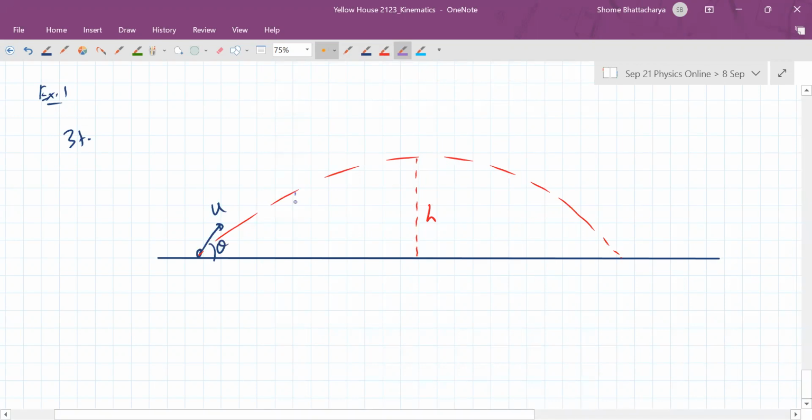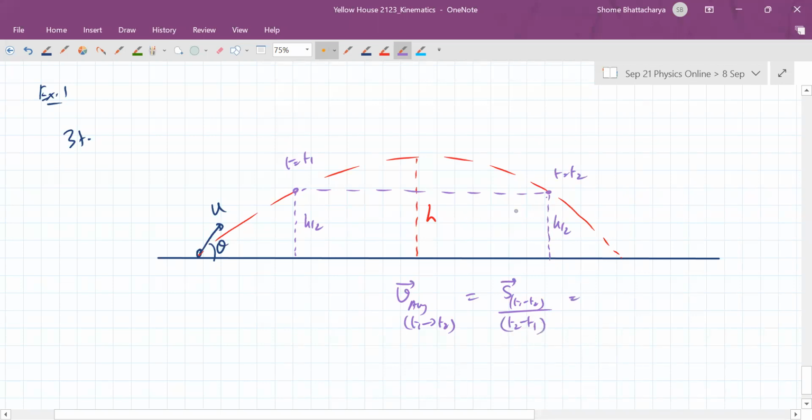Let's say at some time t1 it's reached here, and then again at a time t2 it's reached here. We want to find the average velocity from t1 to t2. That is the displacement from t1 to t2 divided by the time interval. The displacement is just an x displacement.